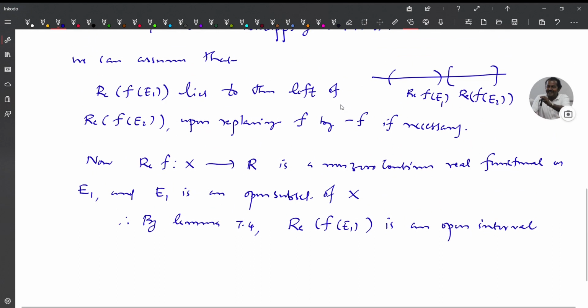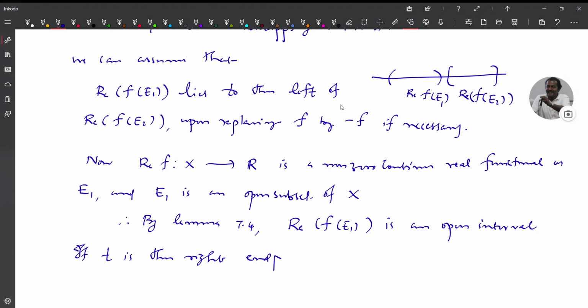If T is the right endpoint of the real part of f of E1, so it is here, the right endpoint, this is T.